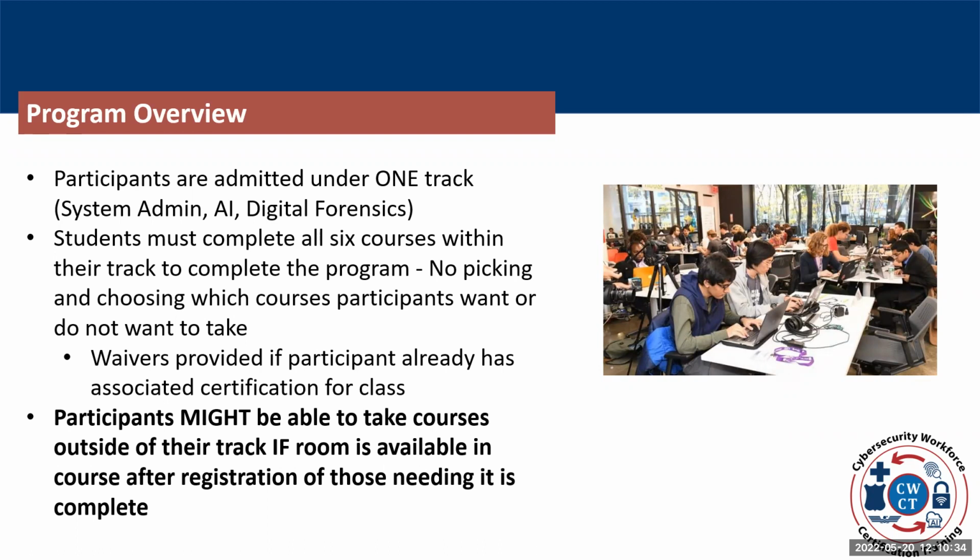If you are eligible for an additional course, that information will be provided to you in your registration emails you get, and there will be a form you will fill out with which additional courses you are interested in taking. And then typically the week before classes start is when we can determine if there is room and when you will be notified. So for extra courses, you will typically not be notified if you can be put into them until the week before classes start. So can you take additional courses? Maybe, if there is room.